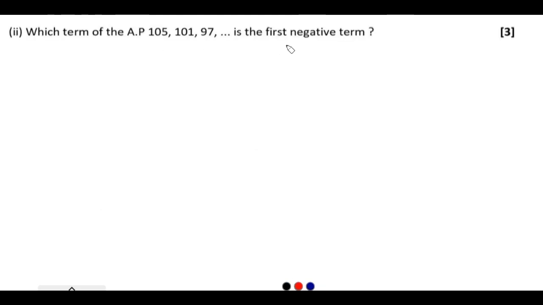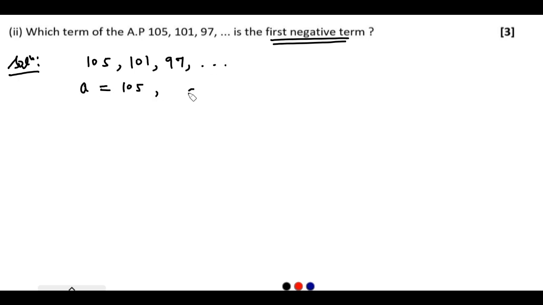Which term of this AP is the first negative term? First term of this AP is 105 and common difference d is minus 4.